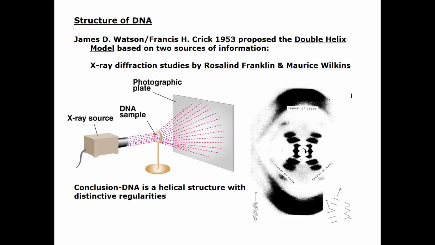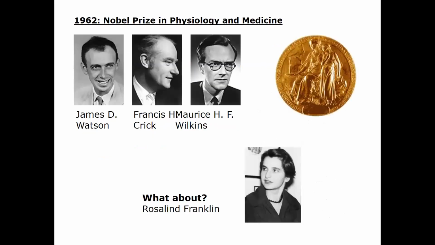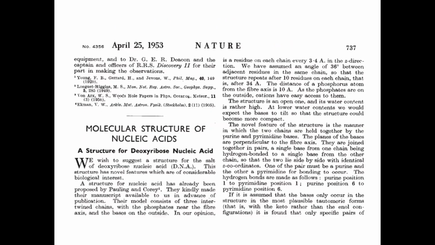So three of them, Watson, Crick, Wilkins, got the Nobel Prize for this discovery, but Rosalind Franklin did not get it because just before the declaration of the Nobel Prize, she unfortunately died due to breast cancer. So in 1962, the Nobel Prize in Physiology and Medicine was won by James Watson, Francis Crick, and Maurice Wilkins. What about Rosalind Franklin? Unfortunately, she didn't get it because she died, and in the case of the Nobel Prize, there is no posthumous system for awarding.